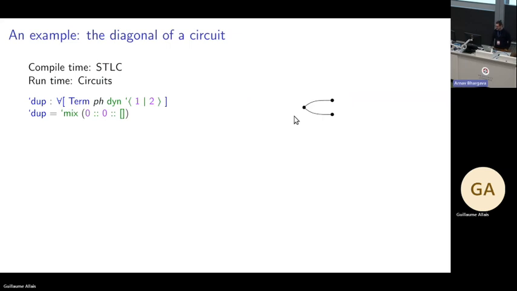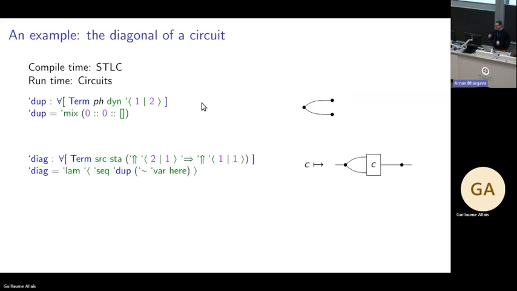We can write this thing, and then we can write something that's a bit weird if we're talking about circuits. If we look at the meaning on the right-hand side, we're actually writing a functional that takes any circuit you might like and returns one where you only have one input, you duplicate it, you feed it to both inputs of the circuit you took as an argument, and then you pipe the outputs out.